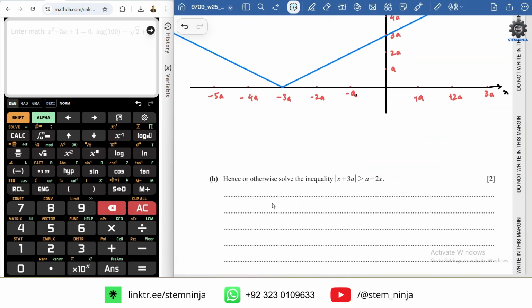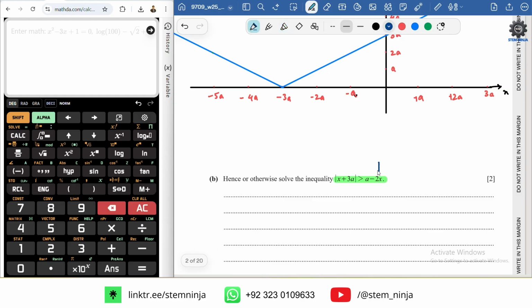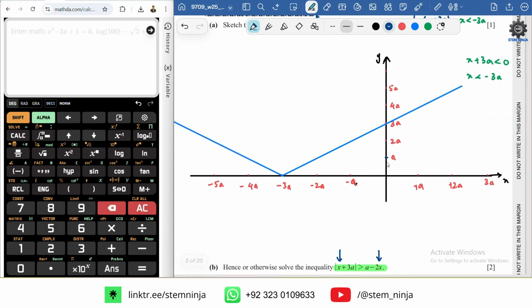Hence or otherwise, solve the inequality |x + 3a| greater than a minus 2x. Notice over here that this line has a greater gradient than our line. So a minus 2x will pass through a, but its gradient would be greater than this one.